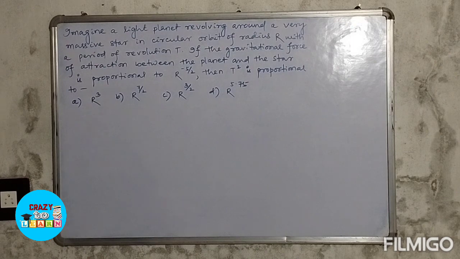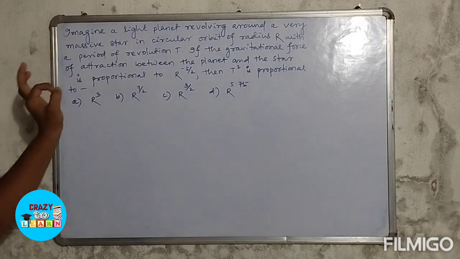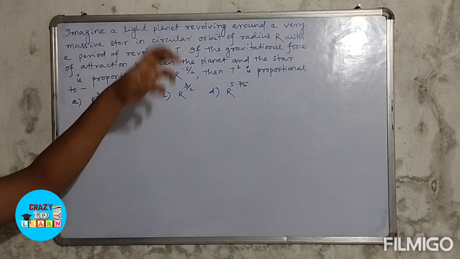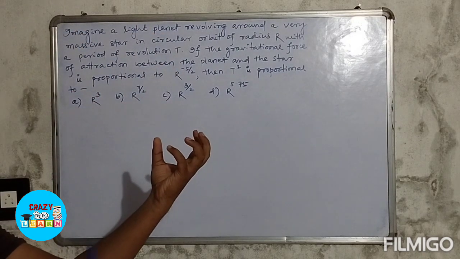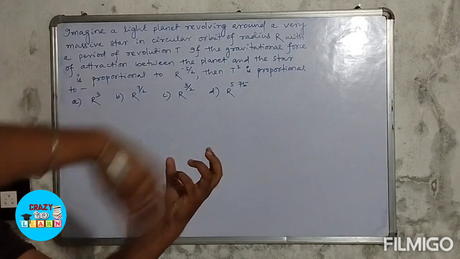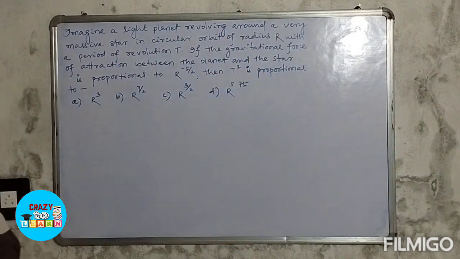It is given in the question, a light planet is revolving around a very massive star. A massive star is there and a light planet is revolving around it in a circular orbit.